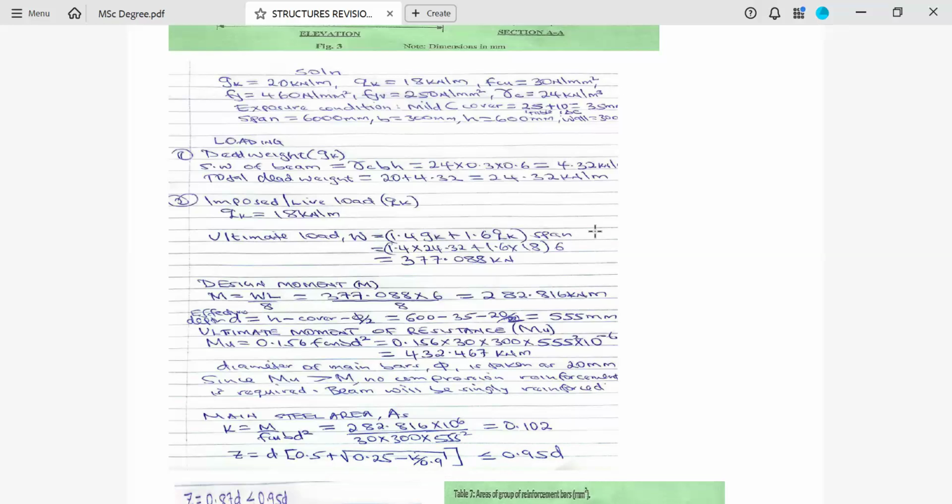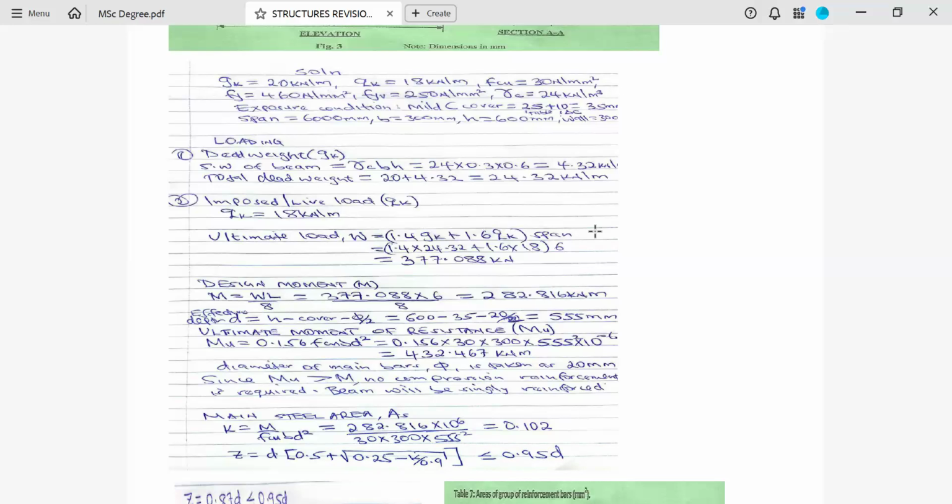If there is no requirement for the compression bars, you provide smaller bars which are acceptable by the design code, which shall be used as hanger bars. Hanger bars, their work is to ensure the shear links, what we call links in layman language, are able to form a rectangle pattern. So we shall provide bars in the top zone, or the compression zone, that we call the hanger bars.